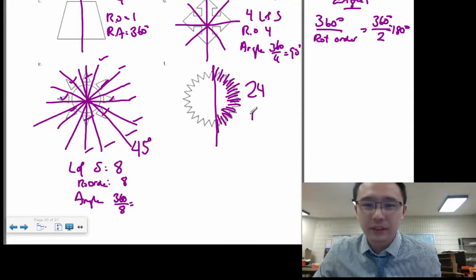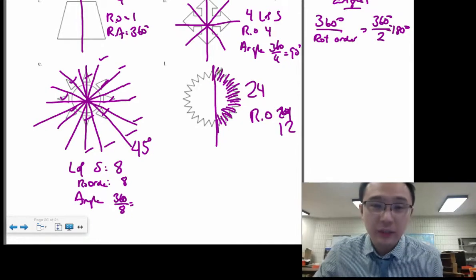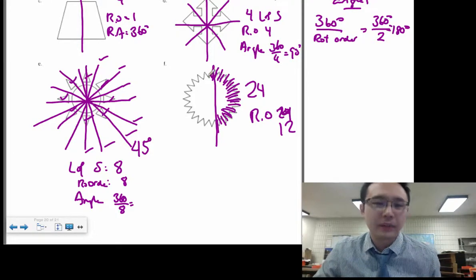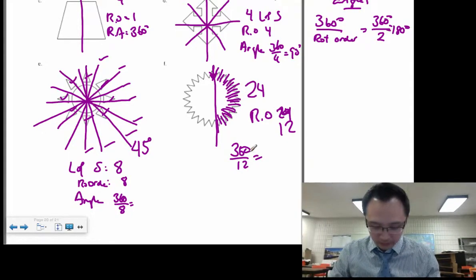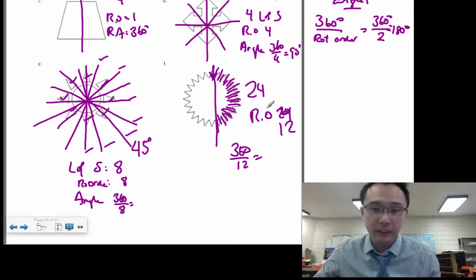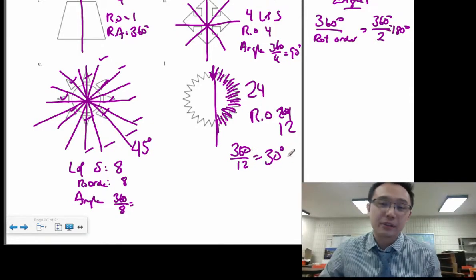The rotation order should be 24 as well, I believe, no, it should actually be half of that, because if I have a rotation order of 24, that means this little inlet would be here. I don't know if that makes sense, but it will be half of that. And 360 divided by 12 would give you 30 degrees. So that's 30 degrees as your rotation angle.